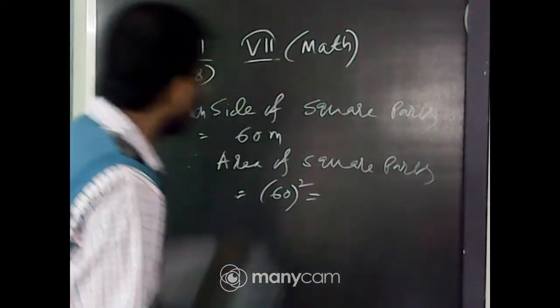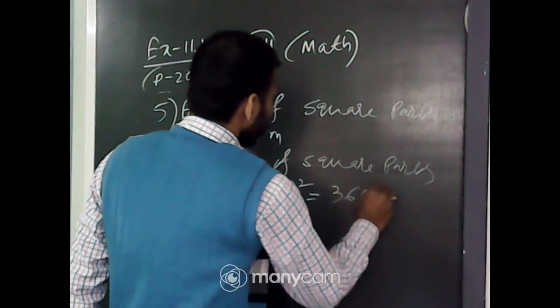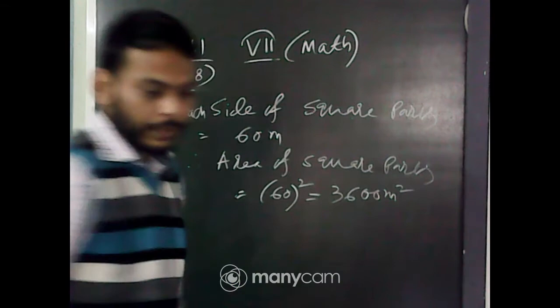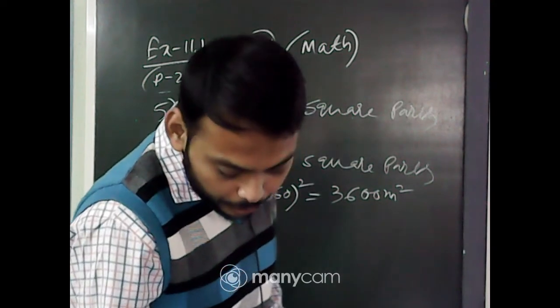And it will be square unit, that means meter square, unit will be meter square. So 3600 meter square, isn't it? Type it first. Who are typing, type it first. Yes, very good. And also do it in your copy.